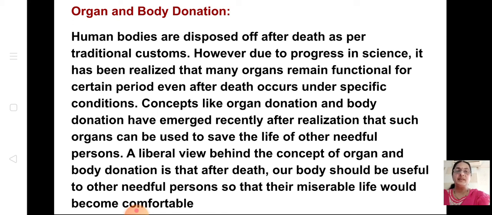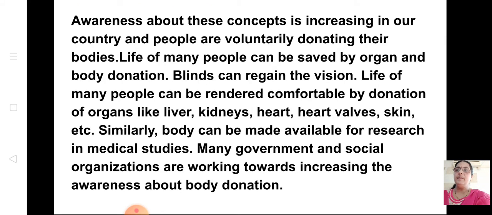So when a person dies, if you immediately transplant those organs, the other person will survive, and they can even see. So there they can lead a comfortable life. Once we are dead, we can donate our organs, which are functional for a few hours even after our death. So this is organ and body donation. You can see the picture also.